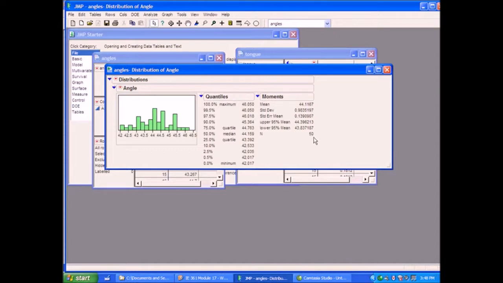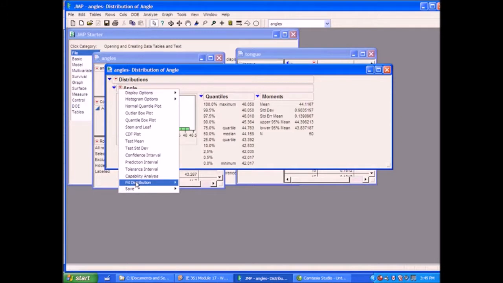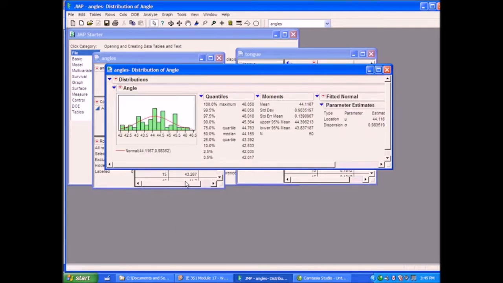As I said, there are 50 data points in the data set. There's a histogram. The mean is 44.1167. The standard deviation is 0.9835. And let's fit a normal distribution to these data.